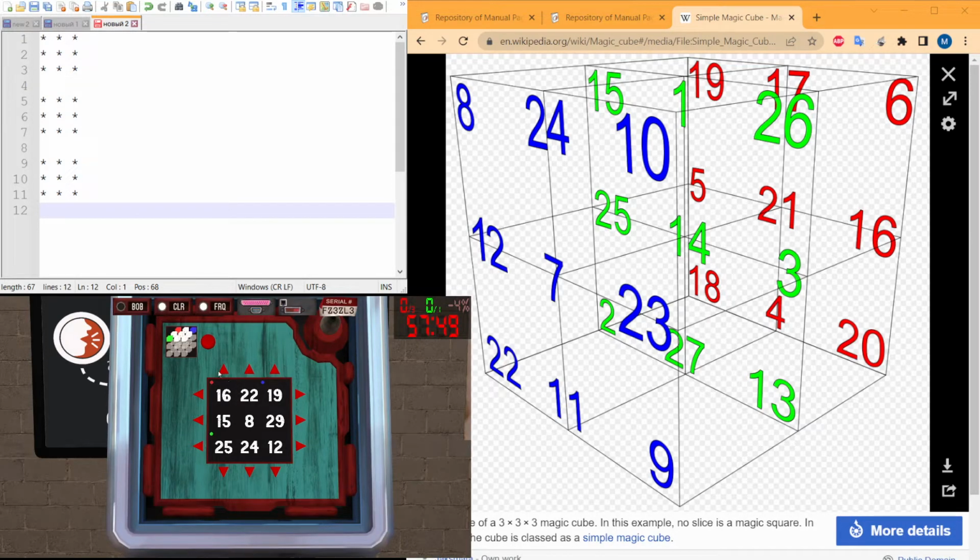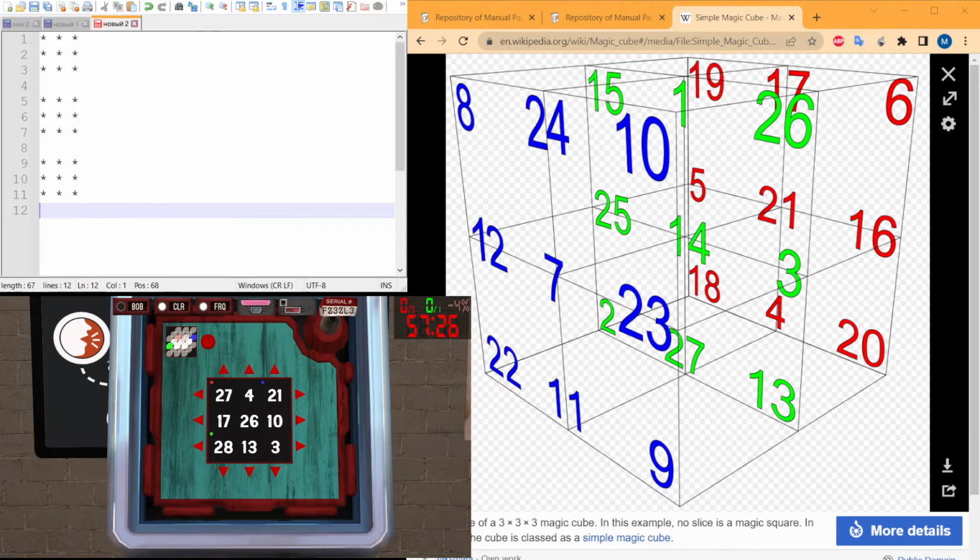Okay, first of all you need to find the lowest number in this cube, which is 3 here. And now you need to basically prepare your magic cube for solving.